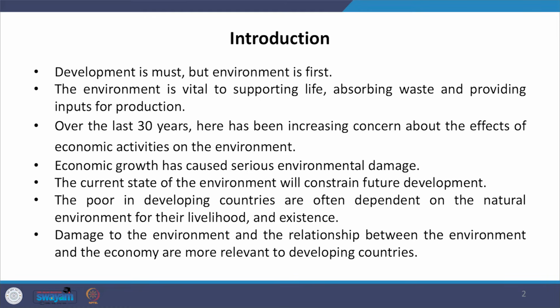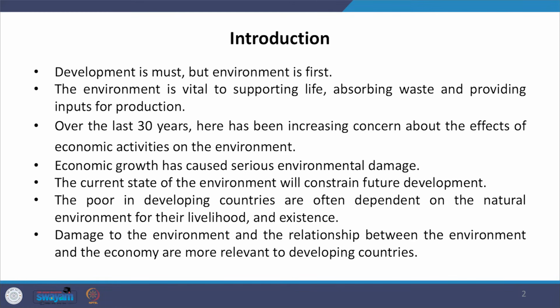Over the last 30 years, there has been an increasing concern about the effect of economic activity on environment. Economic growth has caused serious environmental damage, and therefore, how to achieve sustainable economic growth is a major issue before the environmental economist. The current state of the environment will constrain future development.